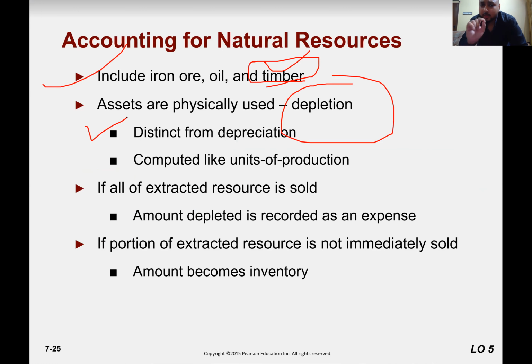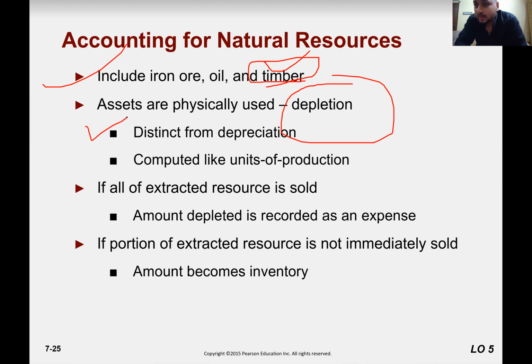And all of the stuff becomes the same, with only a slight difference: because when you extract natural resources, your purpose is that you will sell them, like lumber or timber that you cut from your natural resource, the forest, which is used for selling purposes.